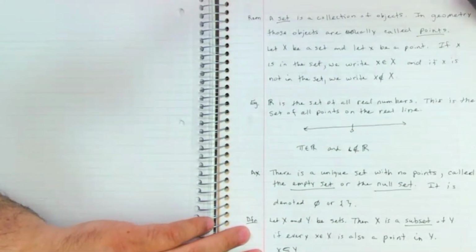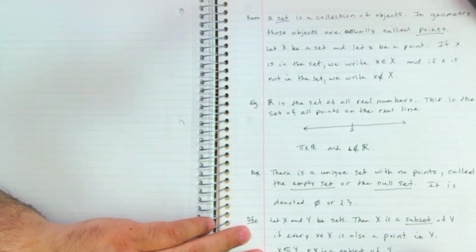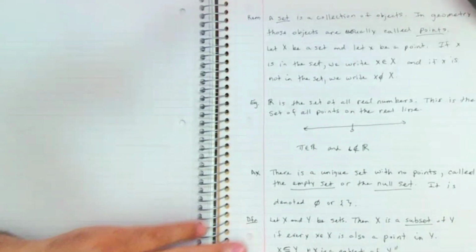So this notation means that X is a subset of Y, or we could say that Y is a superset of X.